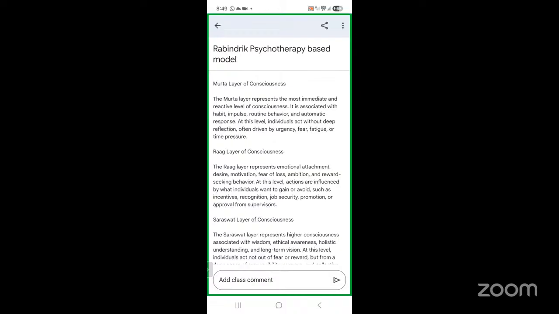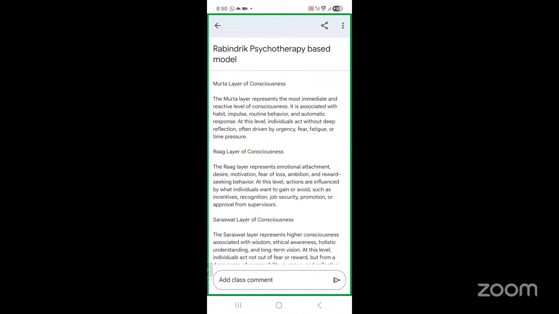Sir, one more clarification. Is there any age factor also for remaining in a particular layer? Maybe the Saraswat layer, I think it is the most matured. Yes, definitely, at least the senior people who are regularly practicing different safety procedures and doing a lot of experiments on safety.